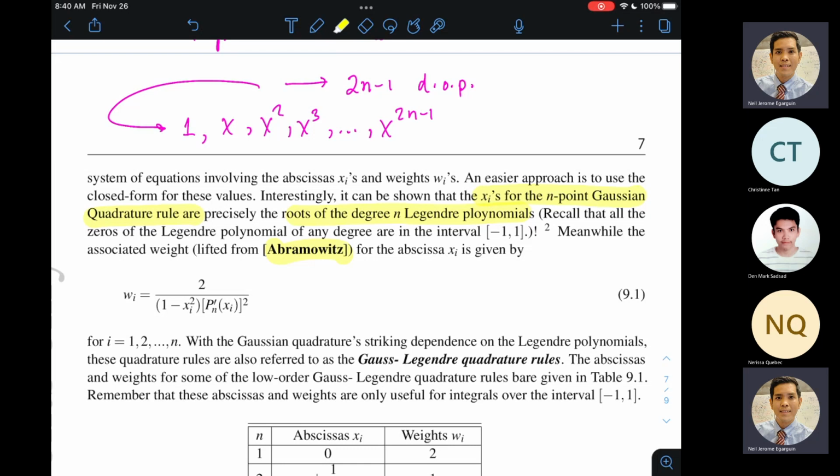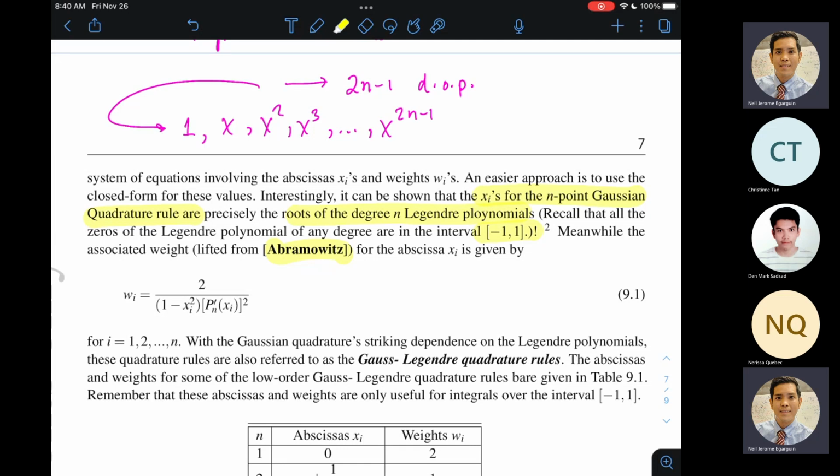Now, just a caveat here: Legendre polynomials are defined only on the interval -1 to 1. So the roots we get lie in -1 to 1, which might be very handy for integration over the interval -1 to 1.